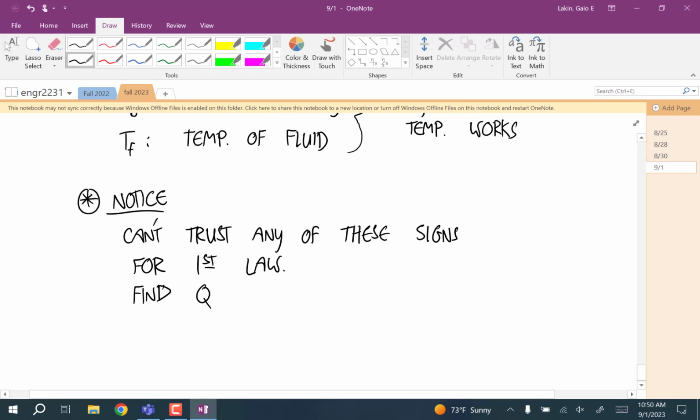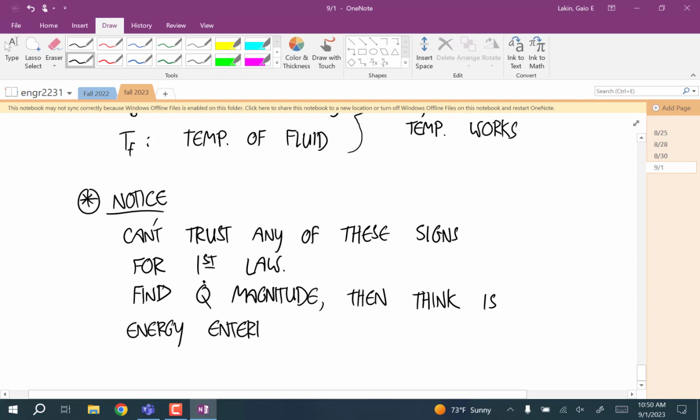So find your Q dot magnitude, and then think, is energy entering or leaving the system? Any questions about that?